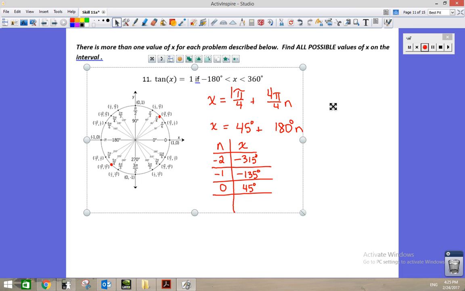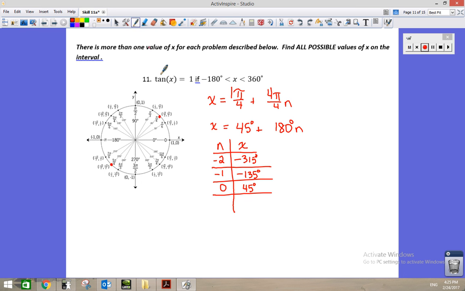All right. So what if n is equal to 1? Then I've got 45 plus 180, which is 225. Yeah. All right. What if it's equal to 2? Then this is 360 plus 45. Hey, I'm at 405. I know that's too big.